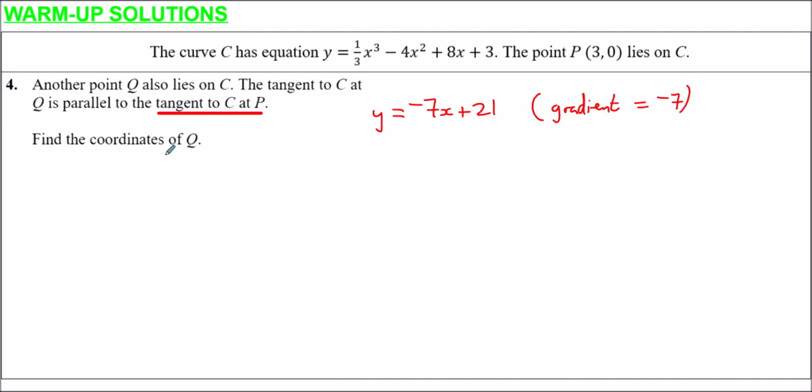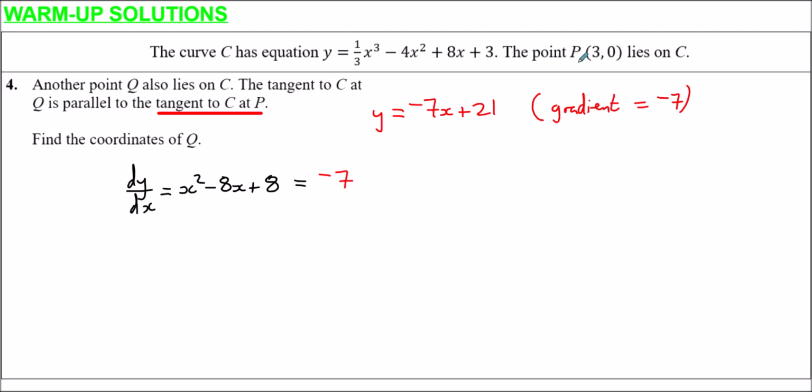So we need to find the coordinates of Q, and we're told that the tangent at Q also has the same gradient. So dy by dx, again from question 3, was x squared minus 8x plus 8. If the gradient at point Q is the same, equal to minus 7, we can ask ourselves: where is this gradient function also equal to minus 7?